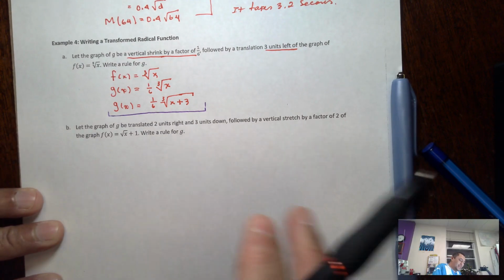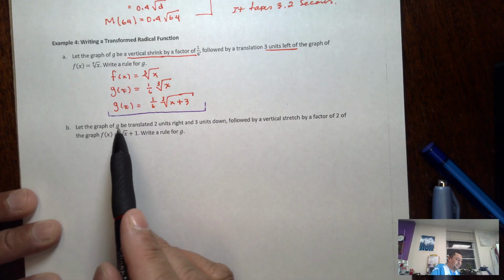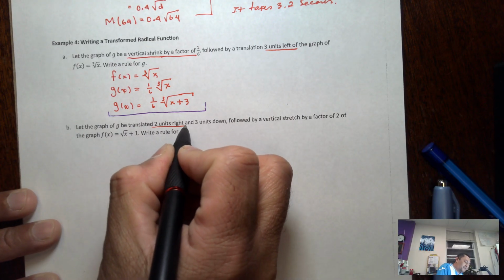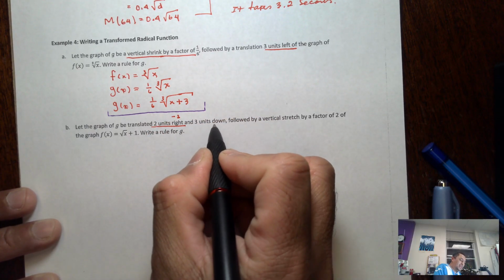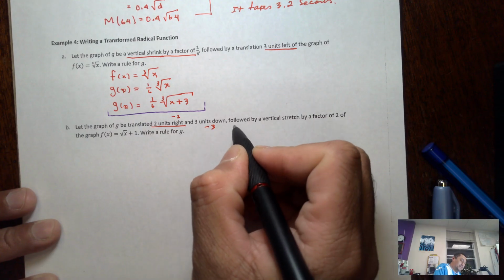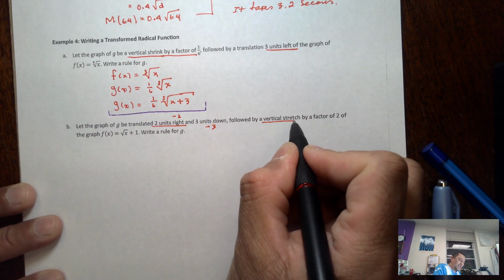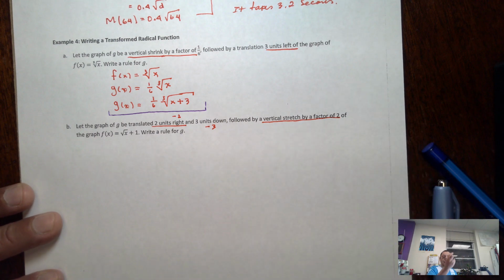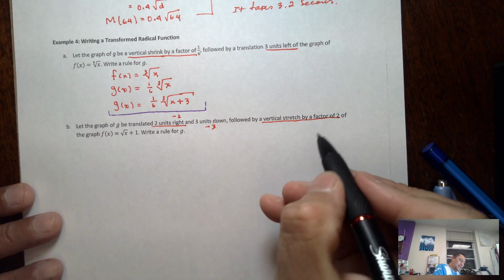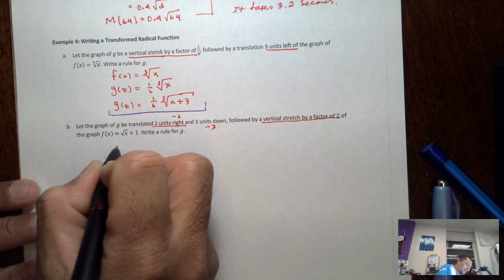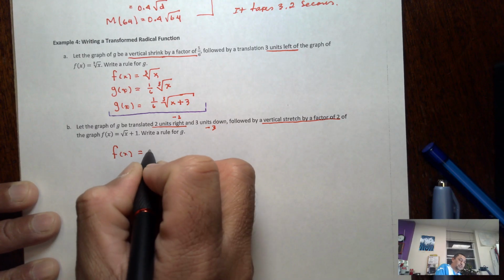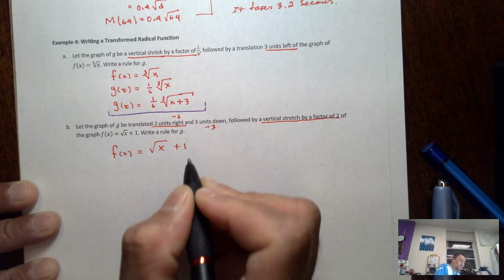Let's do b. Let the graph of g be translated 2 units to the right, so it's going to be minus 2, and 3 units down, so minus 3, followed by a vertical stretch by a factor of 2, of the graph of f of x equals square root of x plus 1.